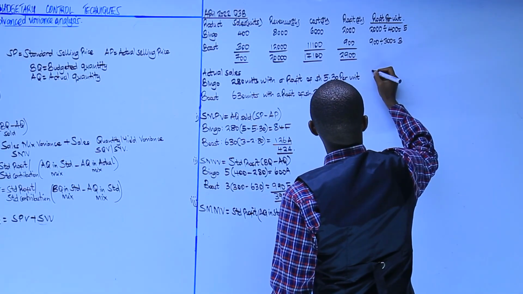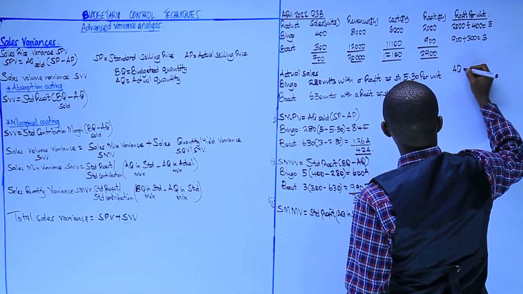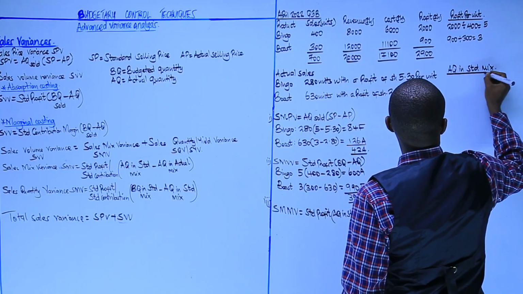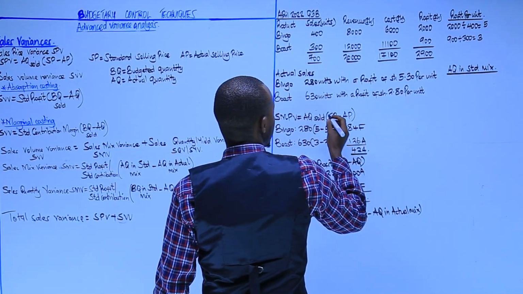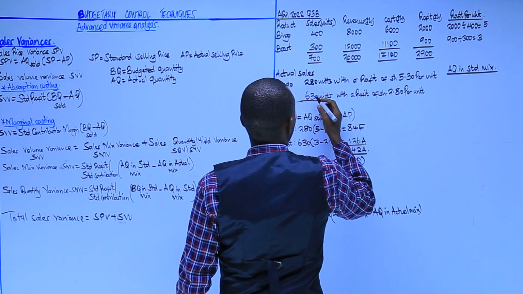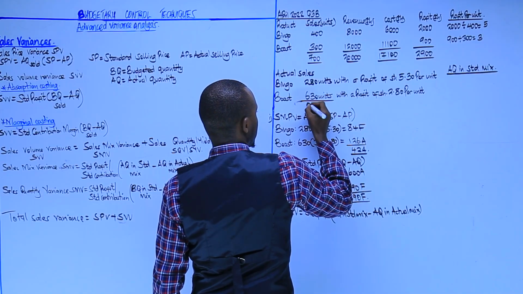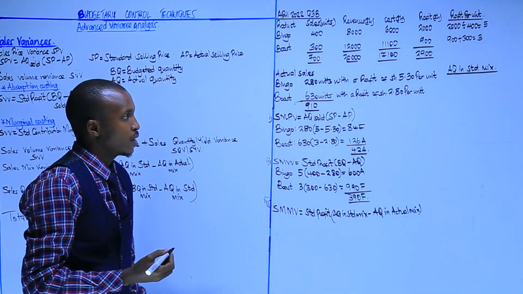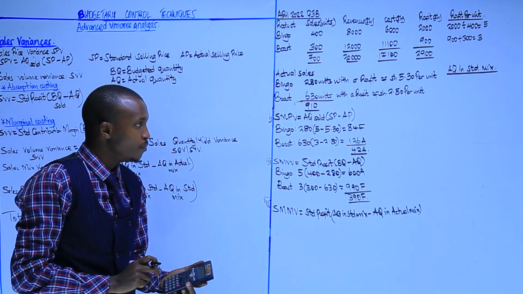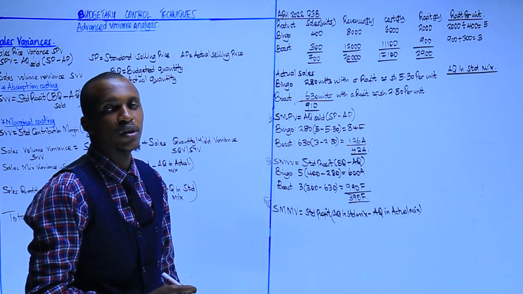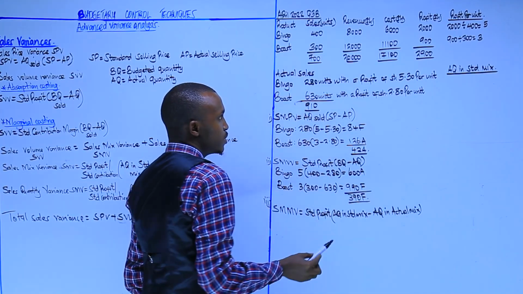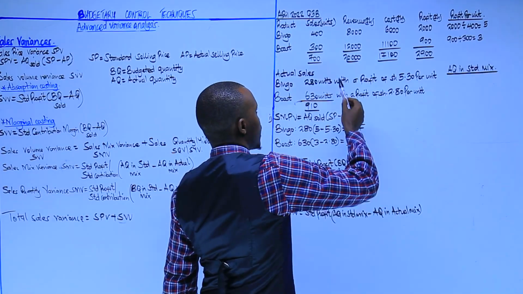Actual quantity in standard mix. Your actual quantity in standard mix simply requires that you share this actual quantity using the ratio of your standard mix, and your standard mix is here.